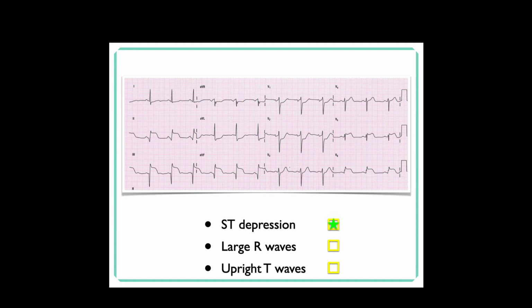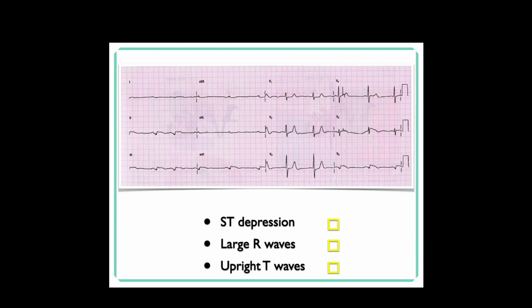Remember what I talked about, R wave progression in the V leads, even though I said you don't have to remember it. V1 typically has no R wave at all, so really anything there. These aren't huge, but they're a little bit larger than normal. And then upright T's. I didn't think those were so large, but I think they actually are.